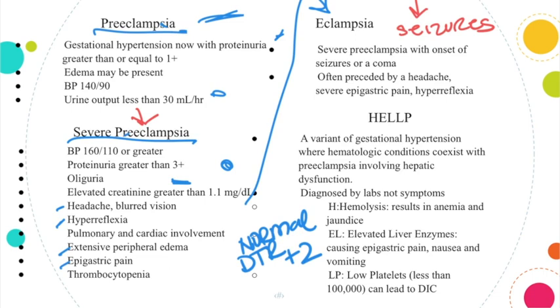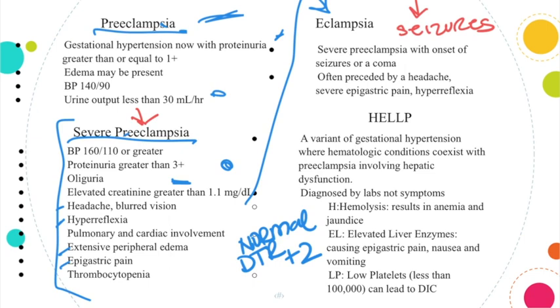Severe preeclampsia with the onset of seizures is the definition of eclampsia, and it's preceded by these things. So again, I'm hoping that the patient who is here in severe preeclampsia is going to call their healthcare provider and let them know that they're experiencing these things, and then the healthcare provider will send them to the hospital for a workup.